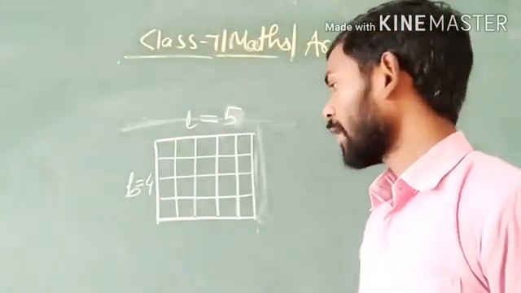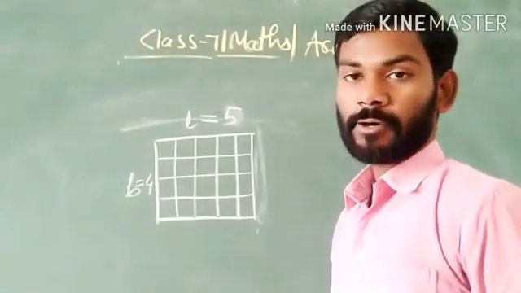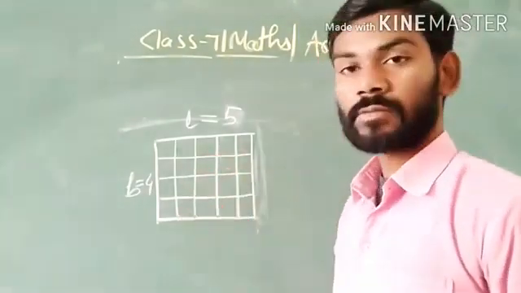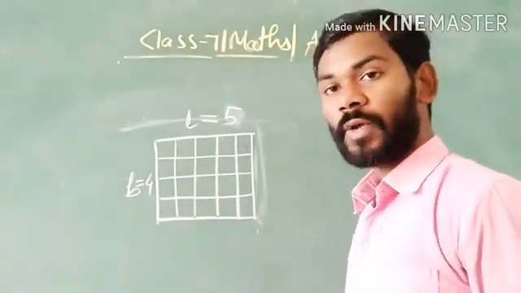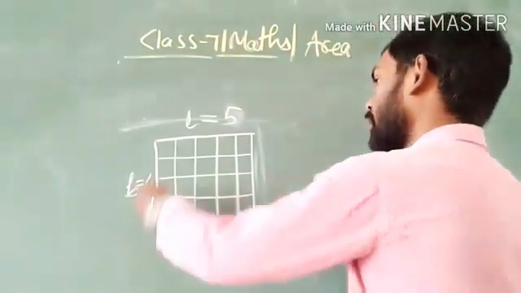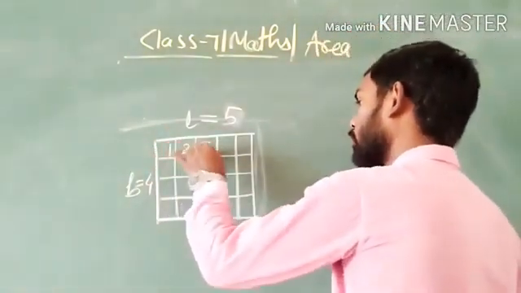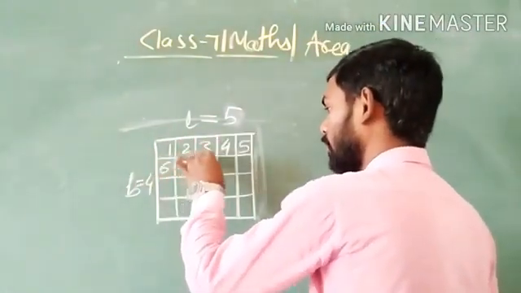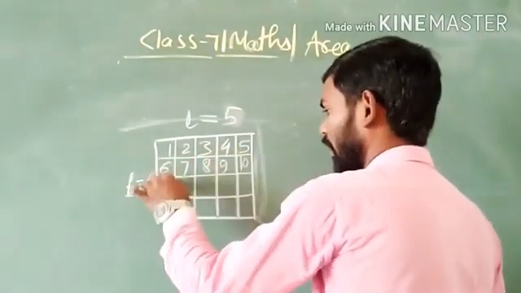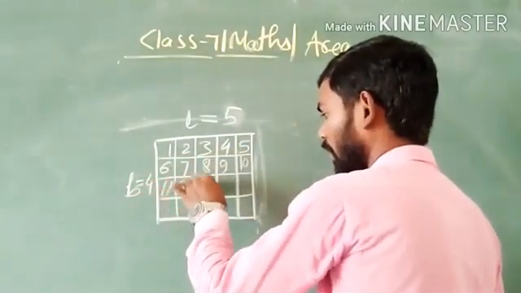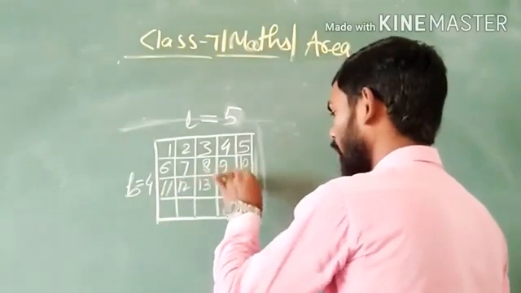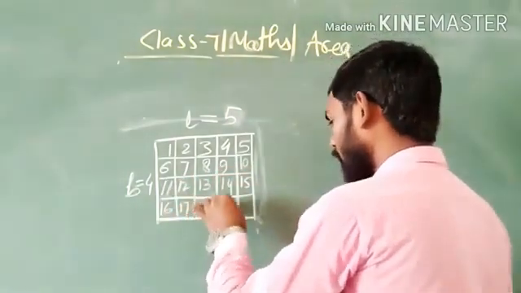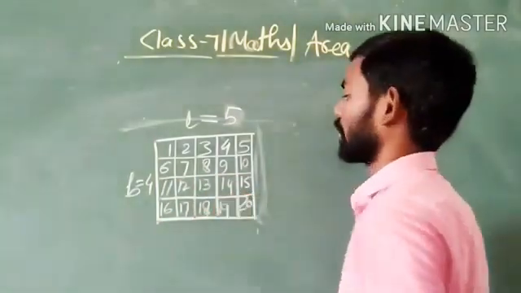Okay, and now we shall count all the small squares. So whenever we count, we get 1, 2, 3, 4, 5, 6, 7, 8, 9, 10, 11, 12, 13, 14, 15, 16, 17, 18, 19 and 20.